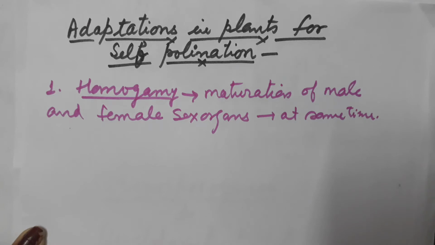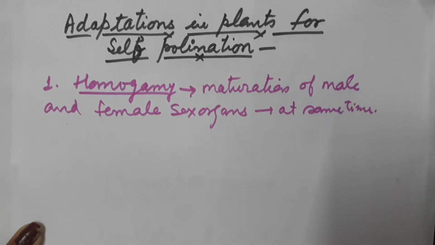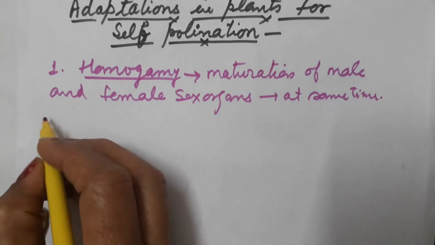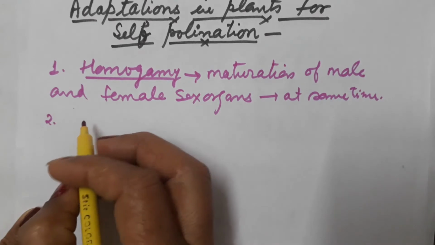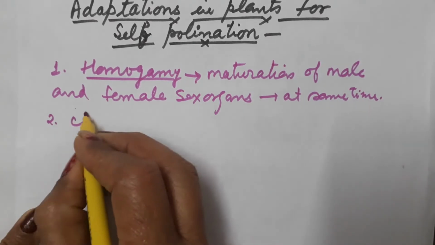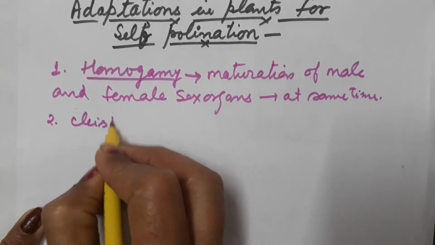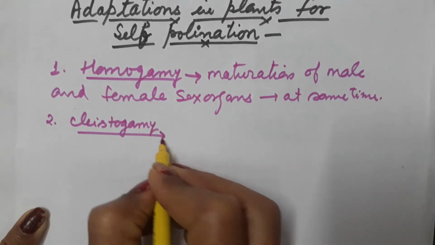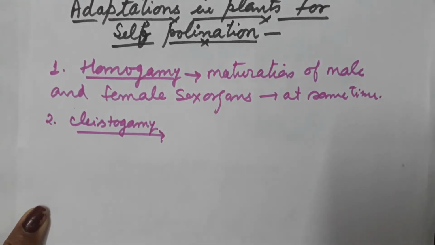This is called homogamy. The next condition which we observe in plants which are self-pollinating is the presence of cleistogamy. What is cleistogamy?